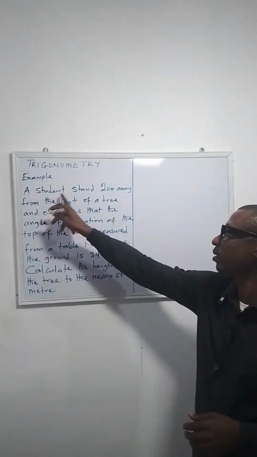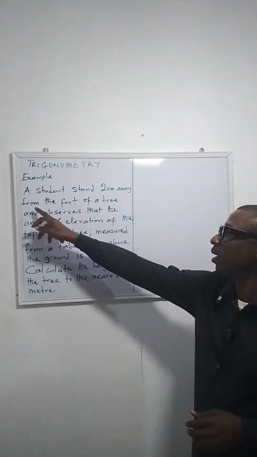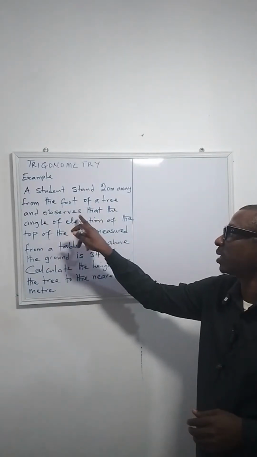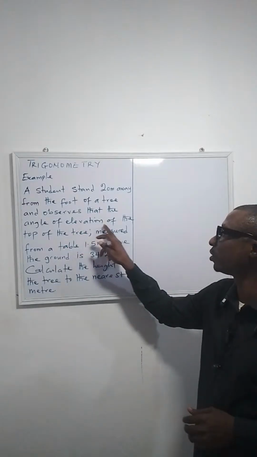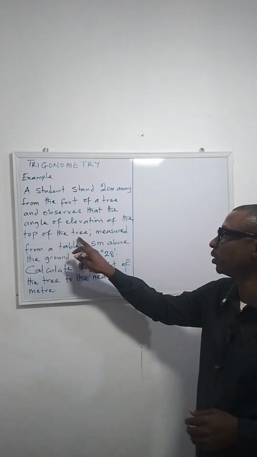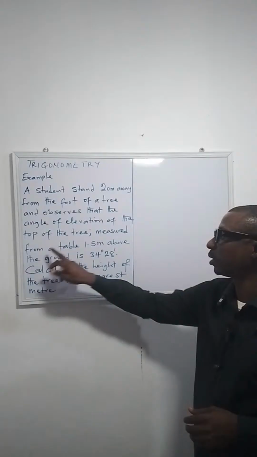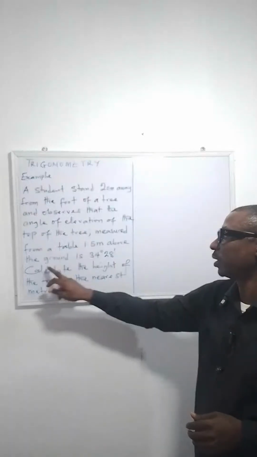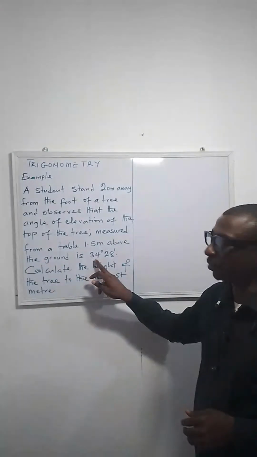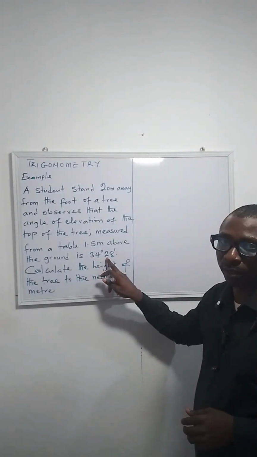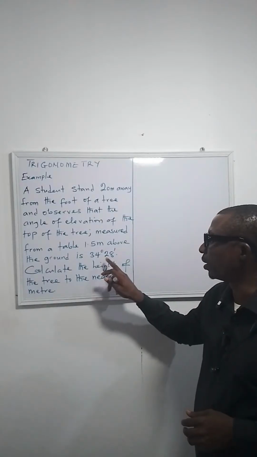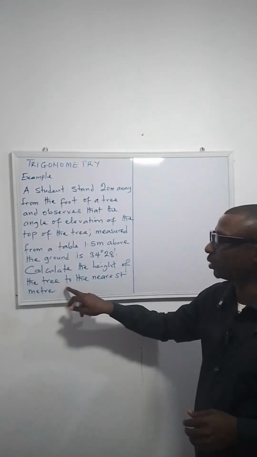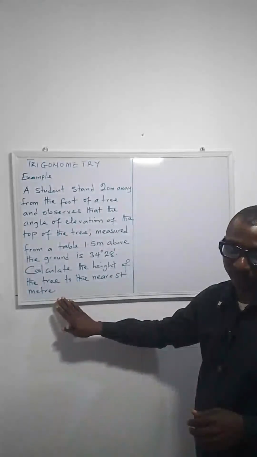A student stands 20 meters away from the foot of a tree and observes that the angle of elevation of the top of the tree, measured from a table 1.5 meters above the ground, is 34 degrees 28 minutes. Calculate the height of the tree to the nearest meter.